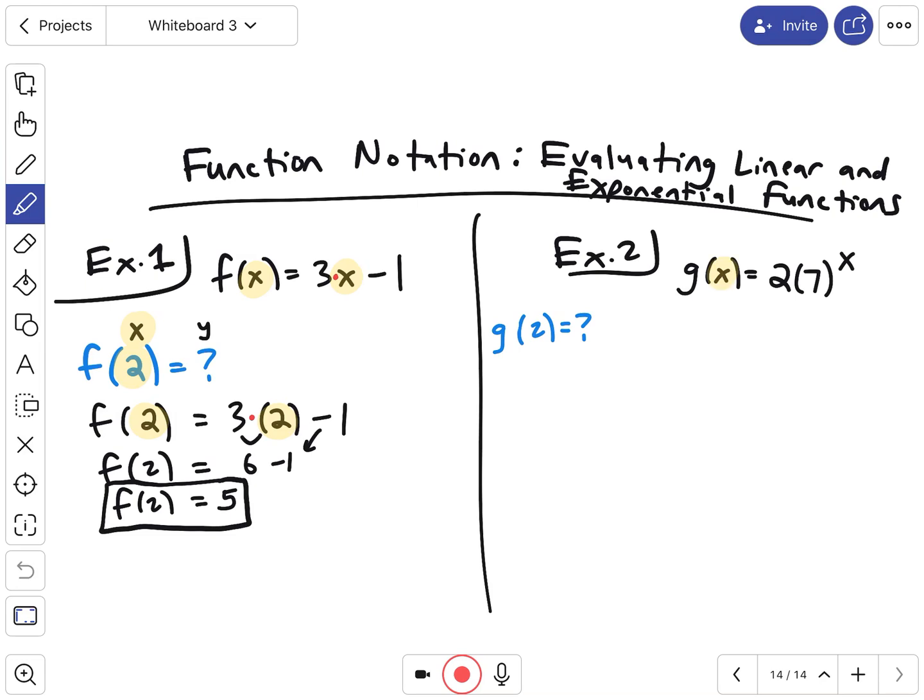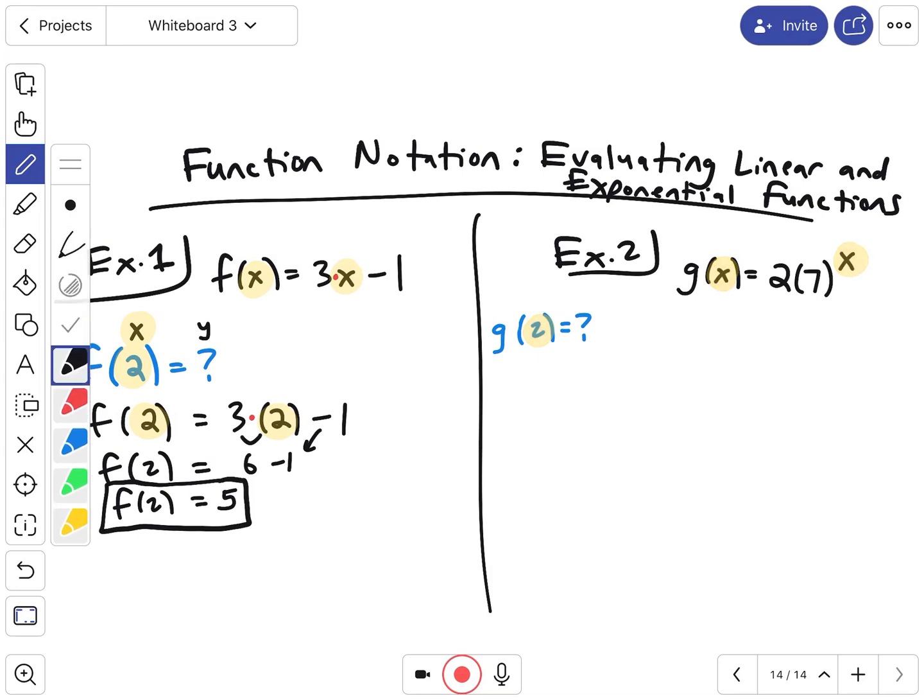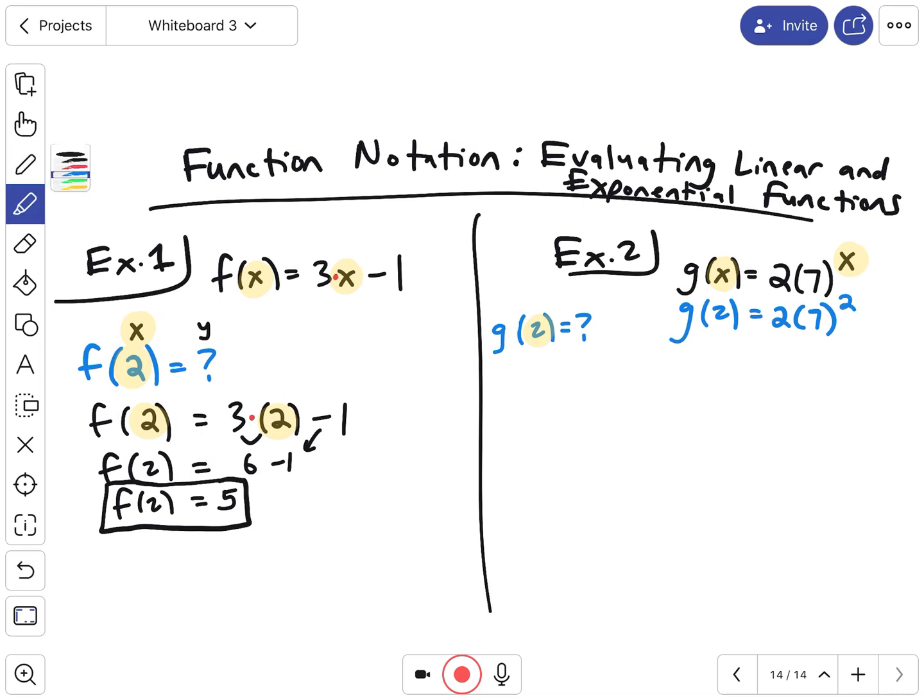So we use different letters. But in this case, the x is where the exponent is. And so I'm going to go ahead and rewrite this here. Instead of g of x, I'm going to write g of 2 equals 2 times 7 raised to the second power. Again, wherever you see the x, you're going to basically replace it with a 2. And so these two places, there was an x, now it's a 2.